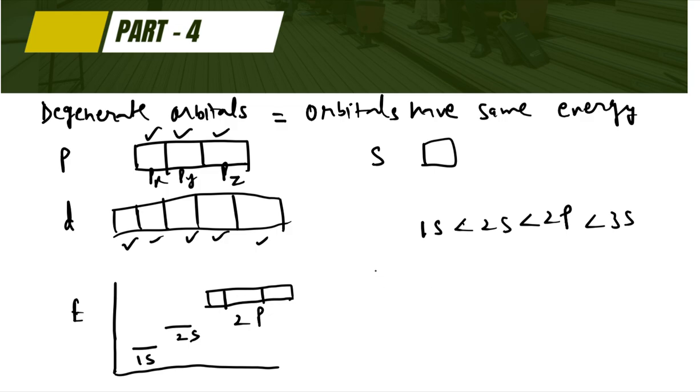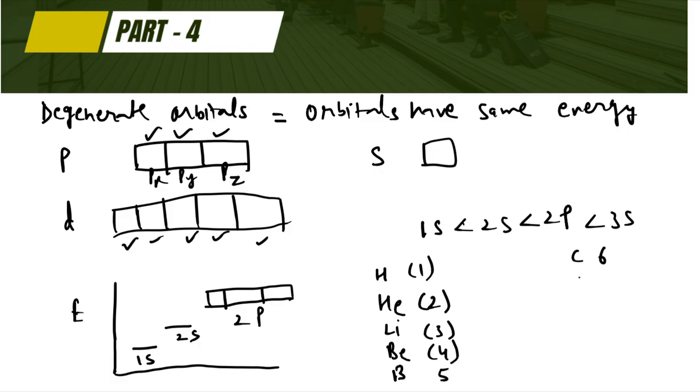I'll give you an example. We have hydrogen with 1 electron, helium with 2 electrons, lithium with 3 electrons, beryllium with 4 electrons, boron with 5 electrons, carbon with 6 electrons, nitrogen with 7 electrons, then oxygen with 8 electrons.